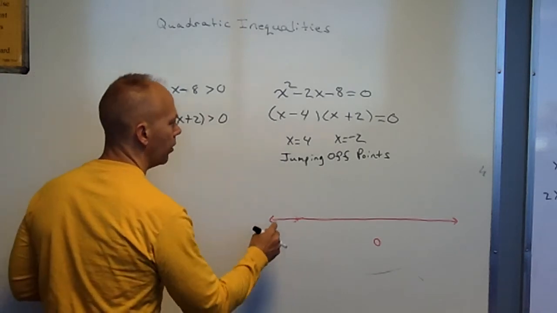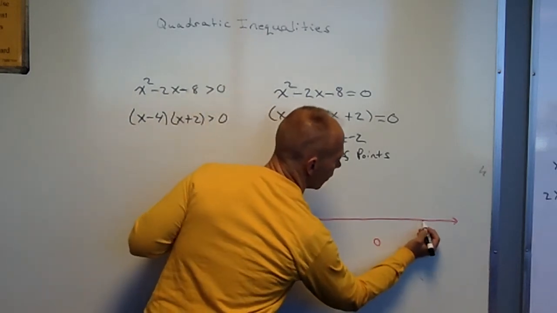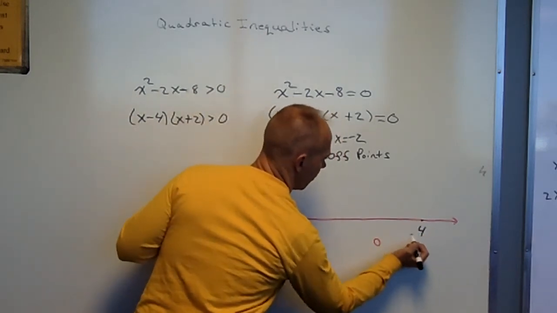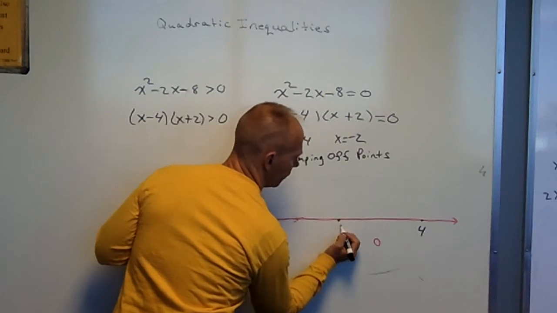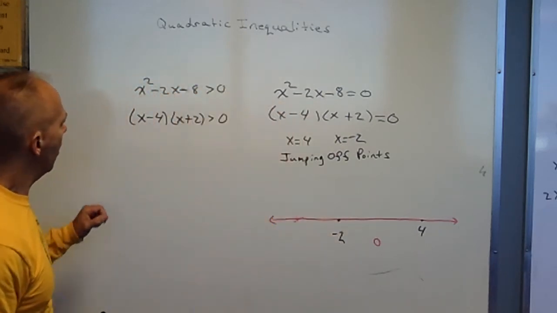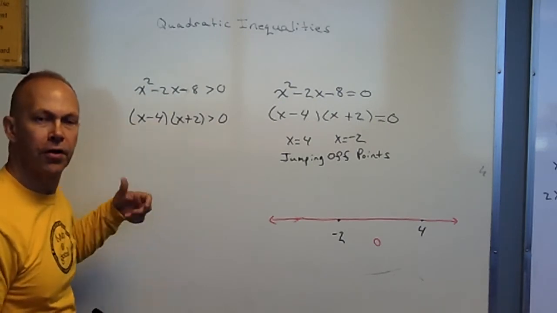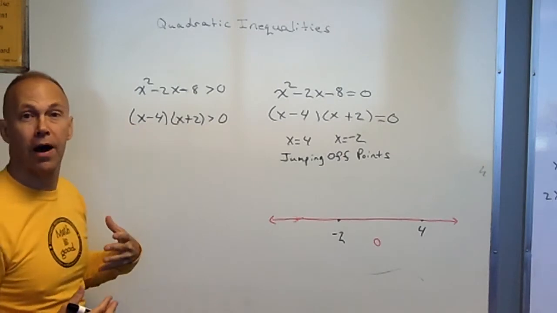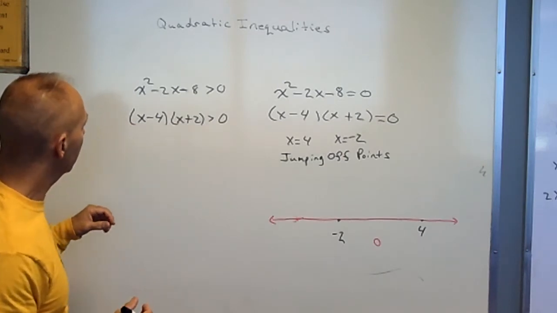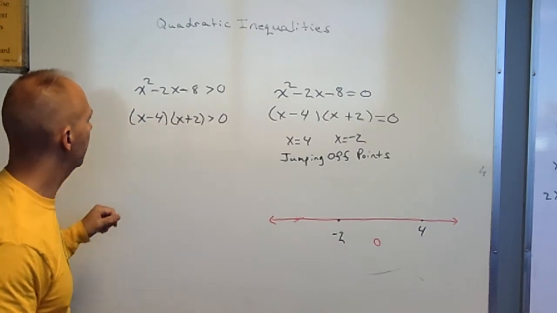Now, I'm going to go ahead and plot these jumping off points on the number line. So at x equal 4, about right there. X equal negative 2, about right there. Now, I want to know, when will this inequality be greater than 0? Another way of saying that is, when will it be positive? Well, I've got something times something greater than 0.